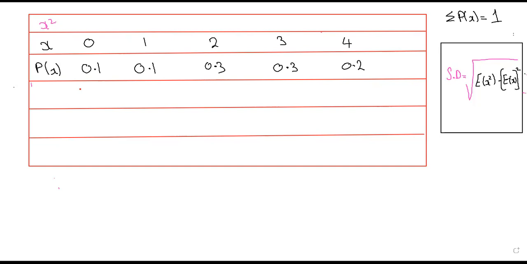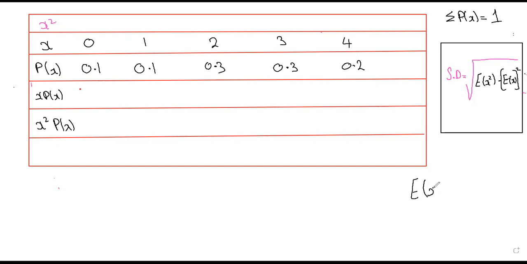Now, what exactly is expected value? For finding the expected value of any variable, we are just multiplying x with p(x), just like frequencies. So we need x p(x) and we would need x squared into p(x).